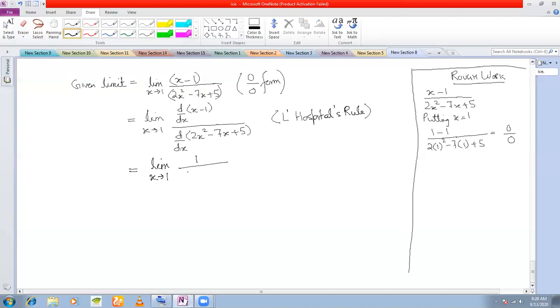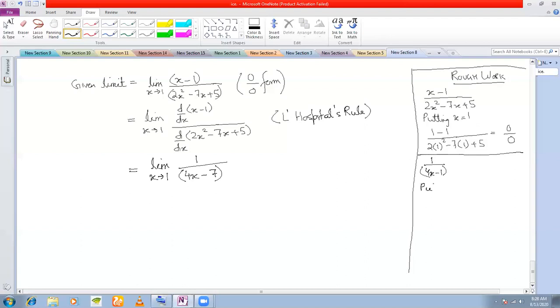And ddx of 2x square minus 7x is 4x minus 7. I hope now I can do it directly. No problem. So 1 by 4x minus 7 you are getting.